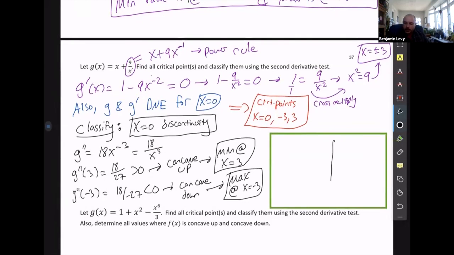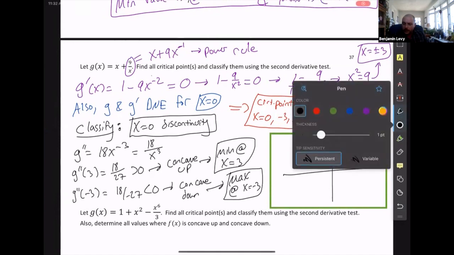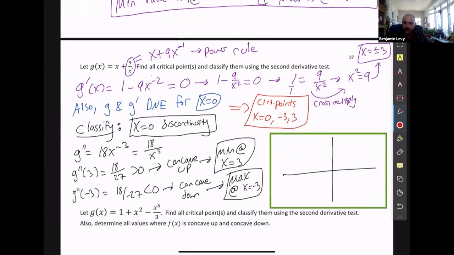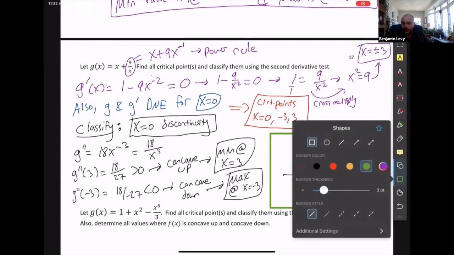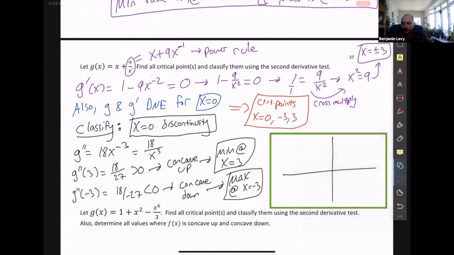Let's throw down the plot real quick. So I plotted this on my calculator. And it looks a little something like this. So there is a discontinuity at 0. So there's a dotted line at 0. Let's throw that in. Oops, I just wanted that to be a line, but it looks like a line enough.